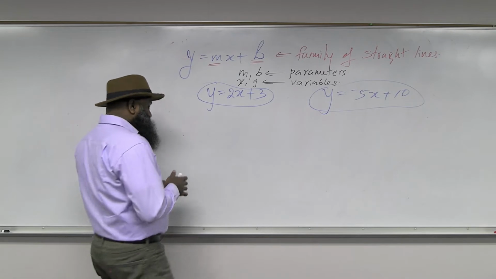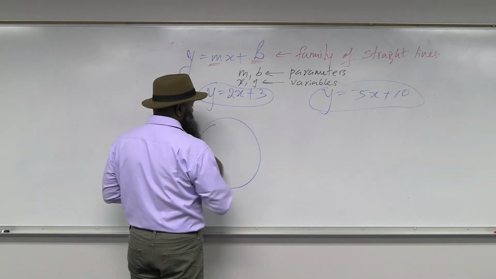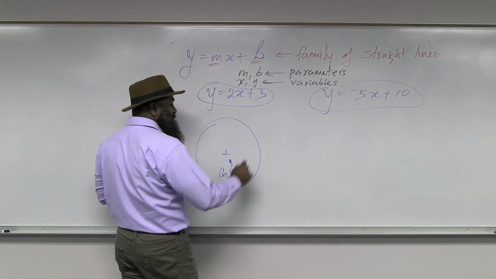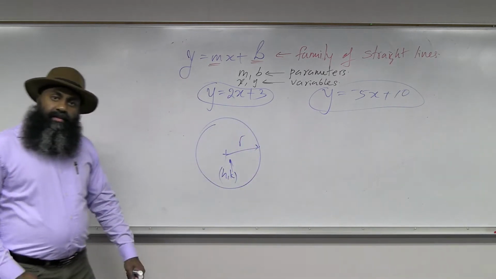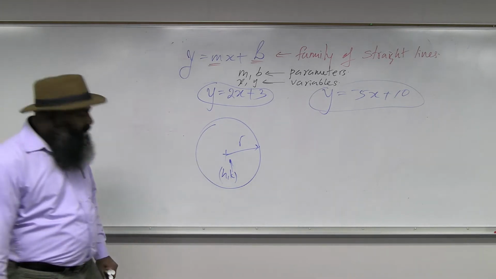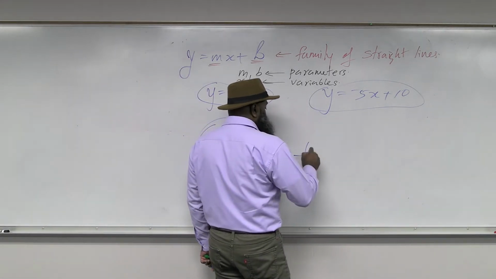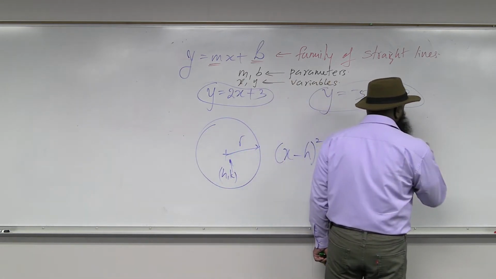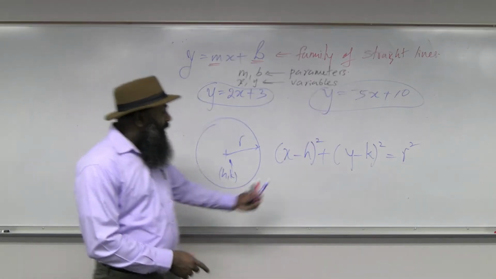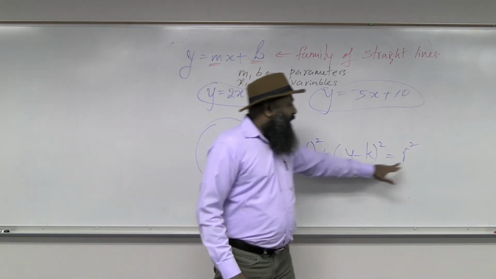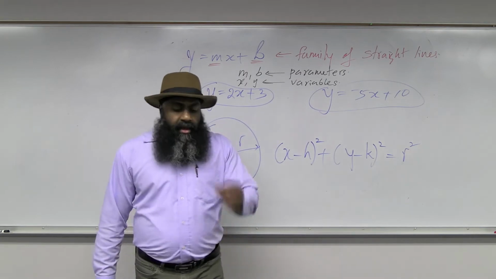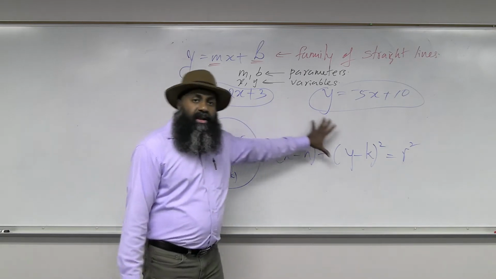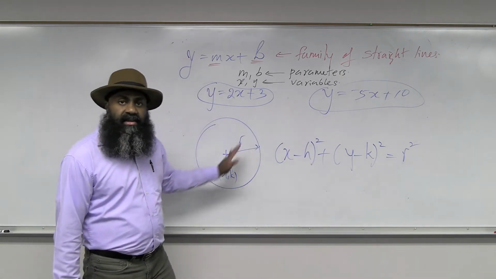Look at the circle. If your center is h, k, the coordinates, and if the radius is r, what's the equation of this circle? From college algebra, you must know x minus h squared plus y minus k squared equals r squared. Now x and y are variables. H, k and r are parameters. By changing different values of h, k and r, you can obtain different circles with different centers and different radii.